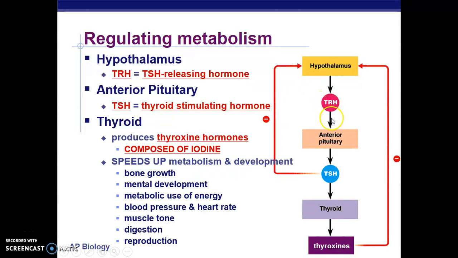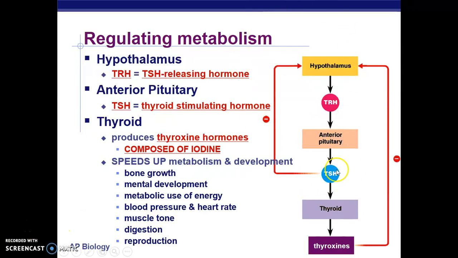TRH talks to the pituitary, specifically the anterior pituitary, but you don't need to know that. Okay, and it causes it to produce thyroid-stimulating hormone, also known as TSH. Then TSH travels through the bloodstream to your neck, okay, where it tells the thyroid to produce thyroxine. Okay? And then thyroxine, okay, will increase your metabolic rate, which will increase your heat production, and therefore rewarm your body up.